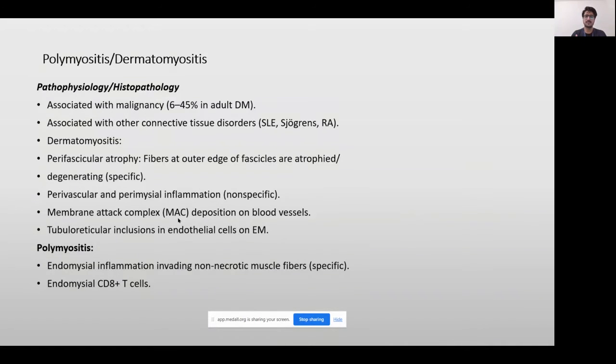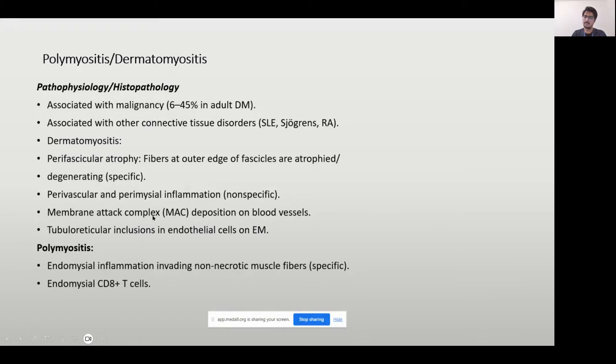Now, what's the pathophysiology? What's the histopathology? As I mentioned, it is mostly associated with malignancy, 6 to 45% in dermatomyositis. Some connective tissue disorders, for example, rheumatoid arthritis, Sjogren's syndrome, and SLE, are also associated. In histopathology of dermatomyositis, we find perifascicular atrophy, and we also find perimysial and perivascular inflammation.